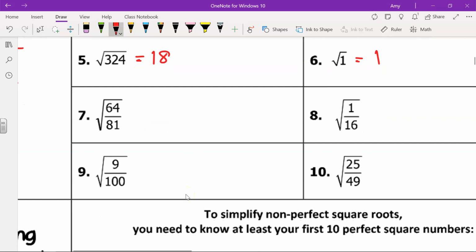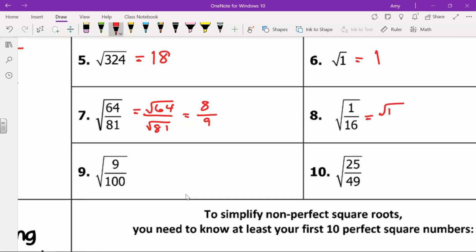Now, when we have this radical of a fraction, you could just take the square root of the numerator and the denominator. So the square root of 64 is 8, the square root of 81 is 9. We do the same thing over here.